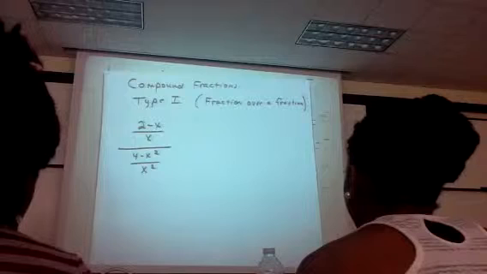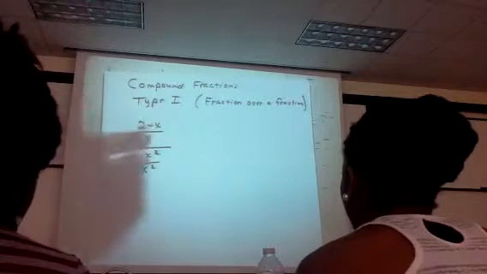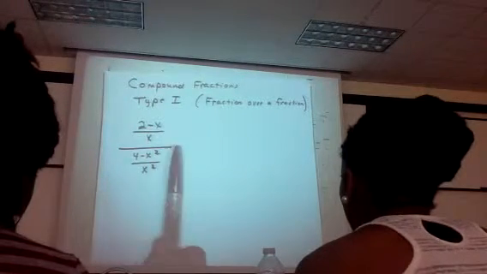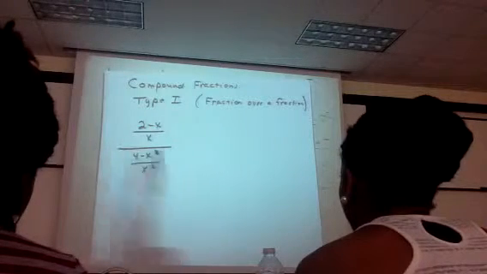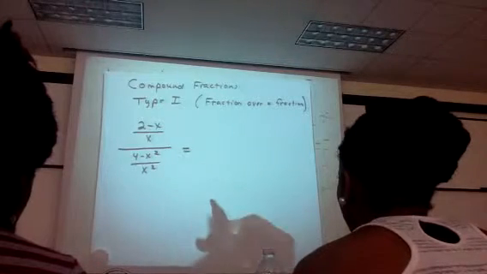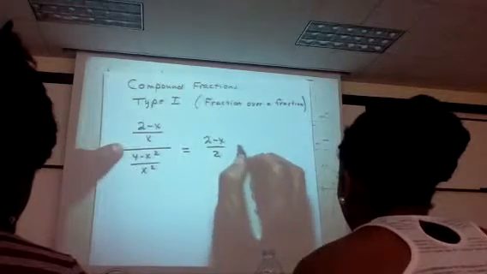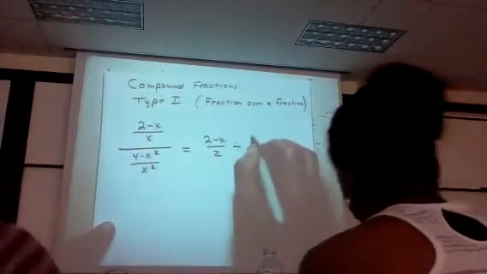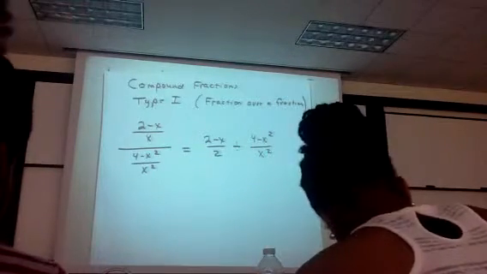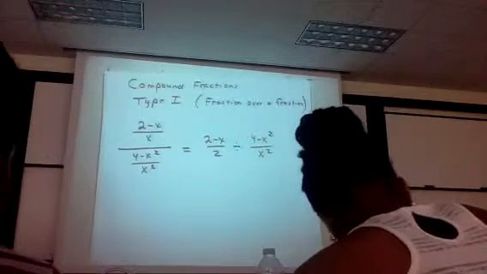All right, here's the strategy for type 1. Notice it's just a fraction over a fraction. That's all it is. Another way to think of this division bar is divided by. So I can simply re-express it as this divided by that. Right? That's all a fraction bar means is divided by.